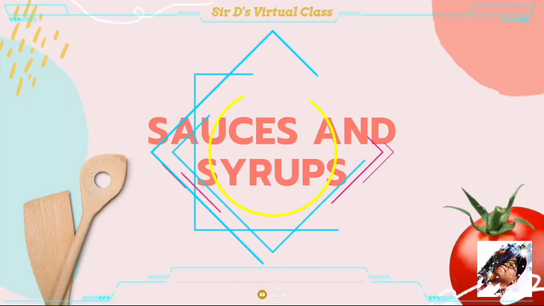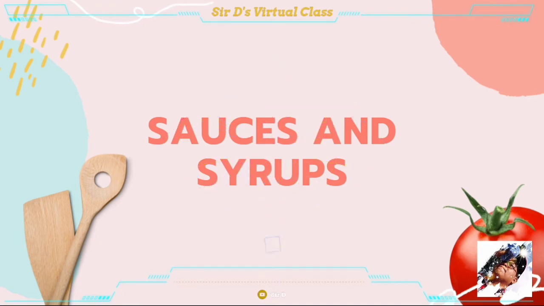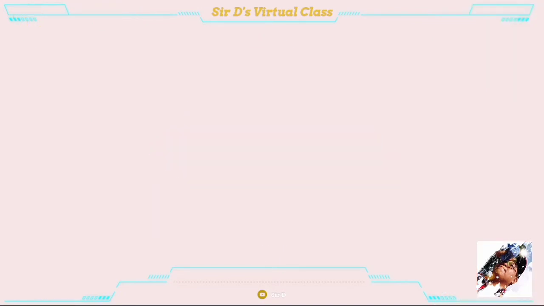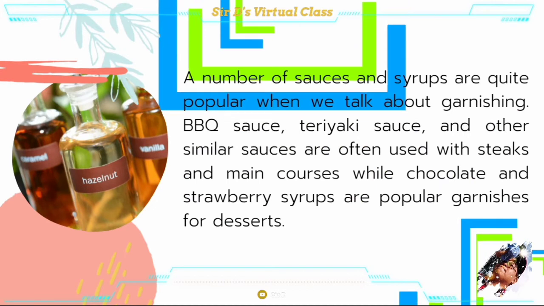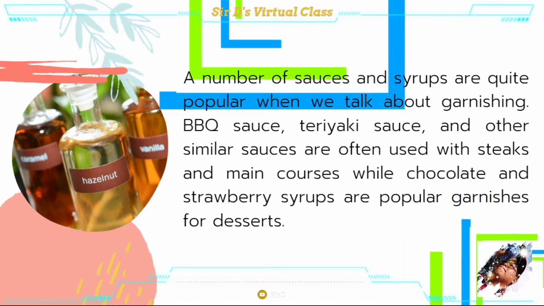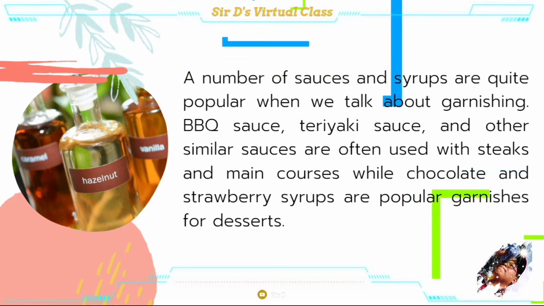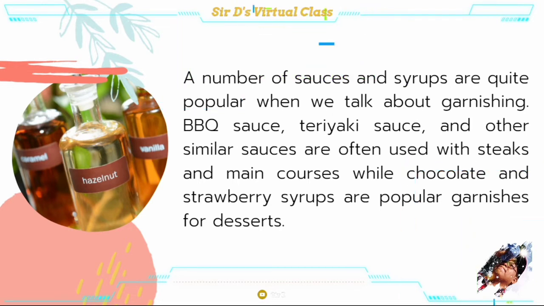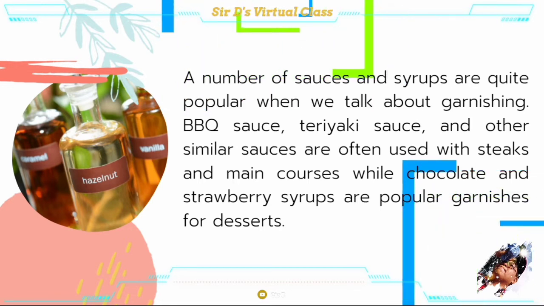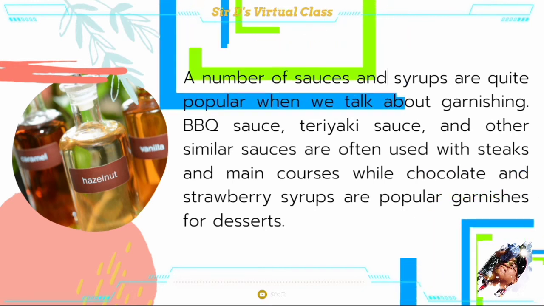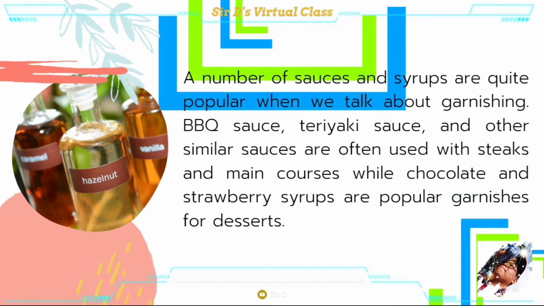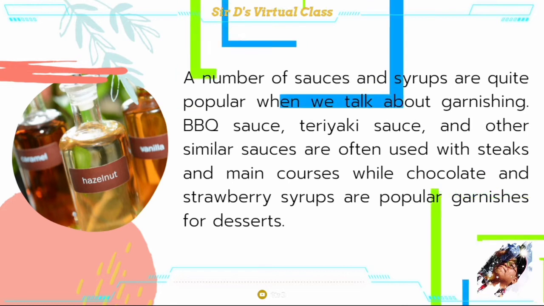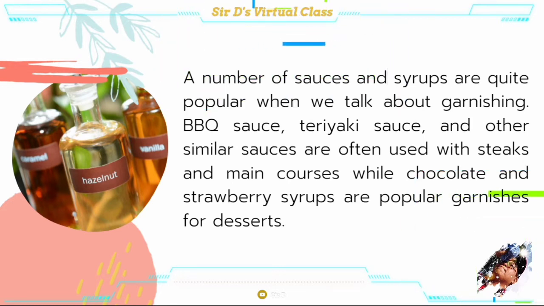And lastly, sauces and syrups. A number of sauces and syrups are quite popular when we talk about garnishing. Barbecue sauce, teriyaki sauce, and other similar sauces are often used with steaks and main courses, while chocolate and strawberry syrups are popular garnishes for desserts.